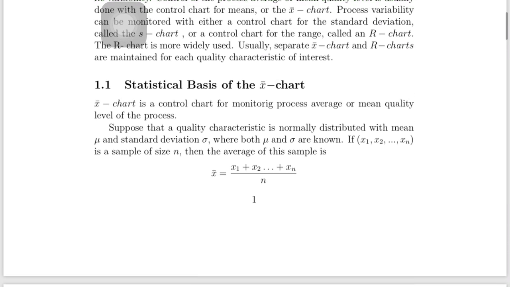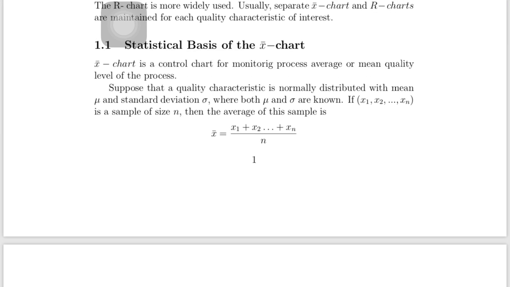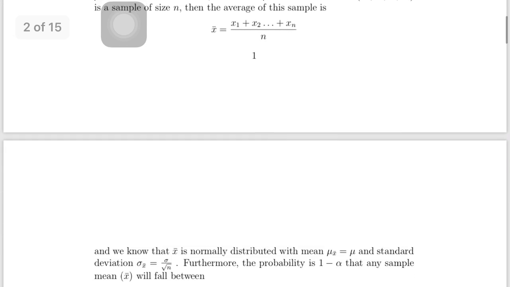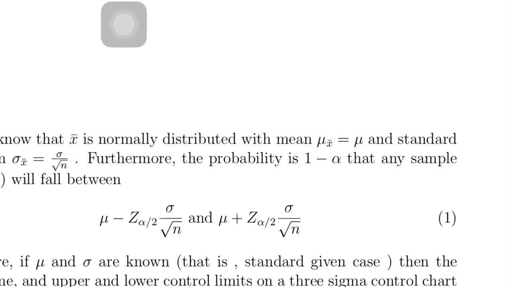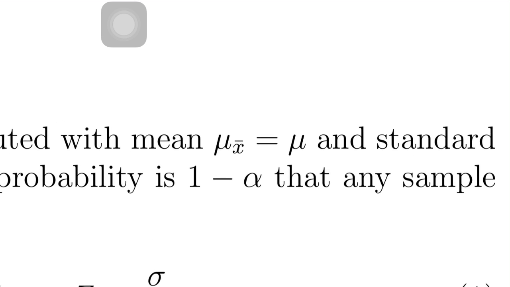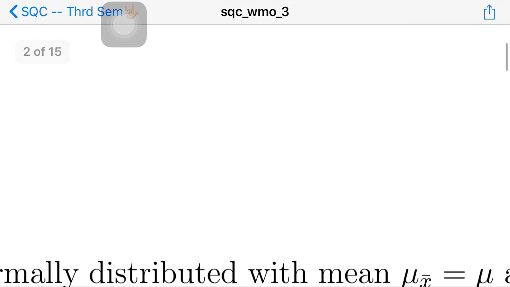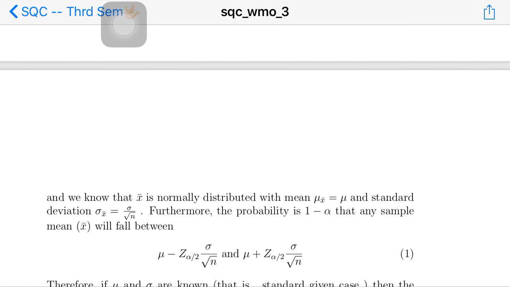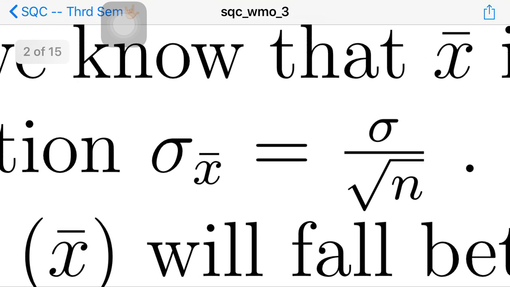Okay, and you can assume, without any loss of generality, that the arithmetic mean X bar of any sample is normally distributed with mean mu X bar equal to mu, and the standard deviation of X bar, sigma X bar, equal to sigma by root n.